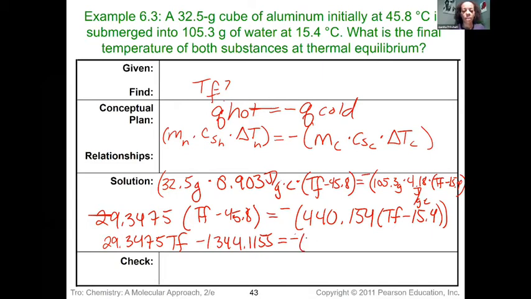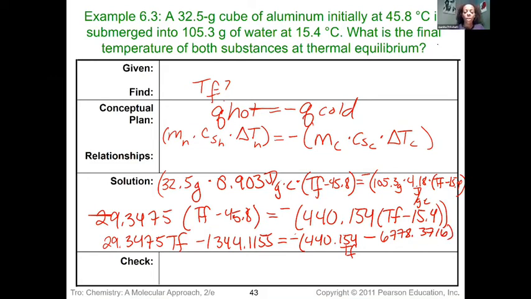So we still got the negative out there, 440.154 minus, now take 440.154 times the negative 15.4, and that gives us, this is TF here, that gives us 6778.3716.